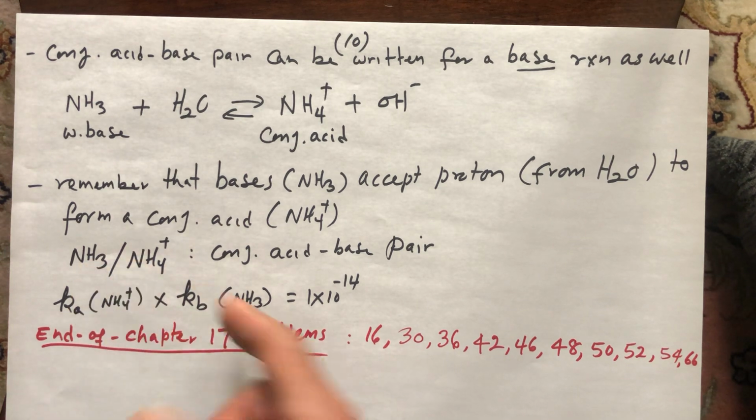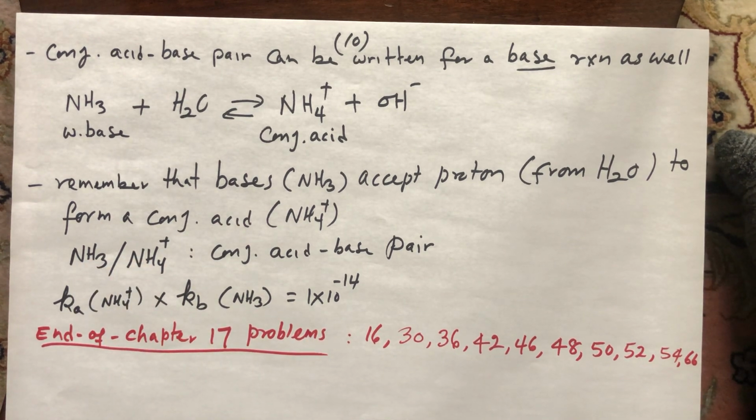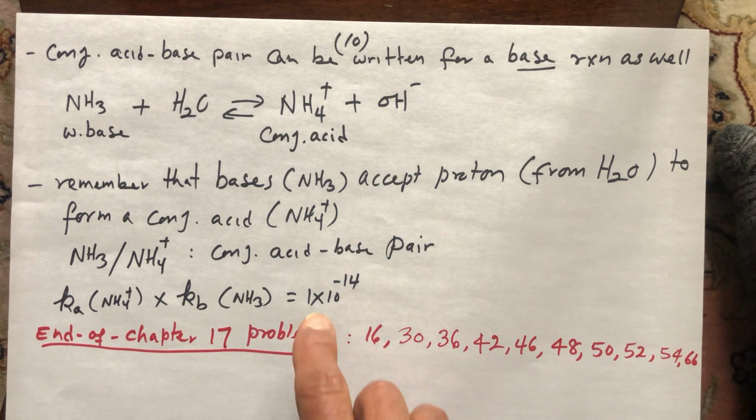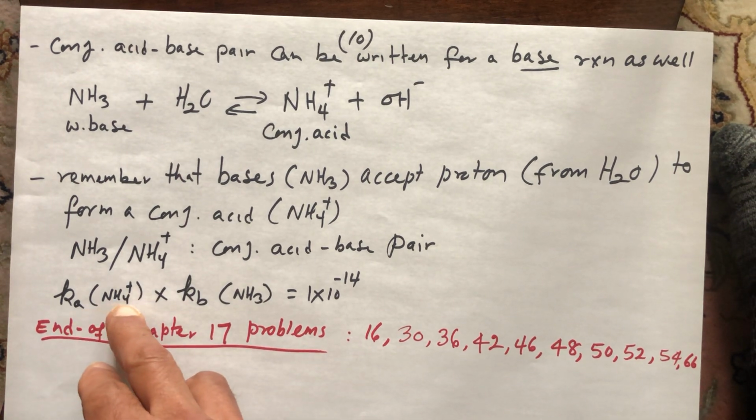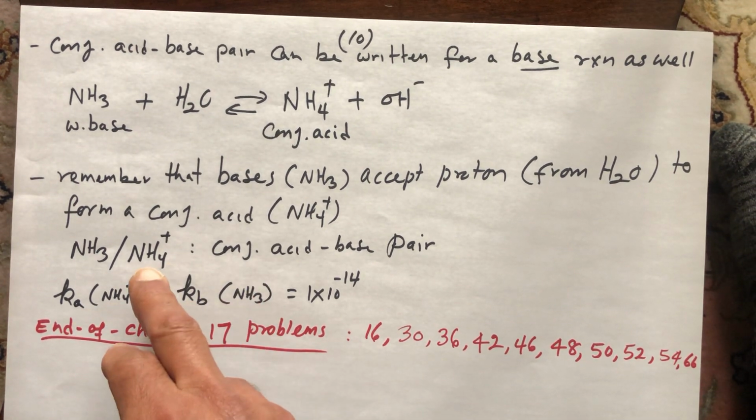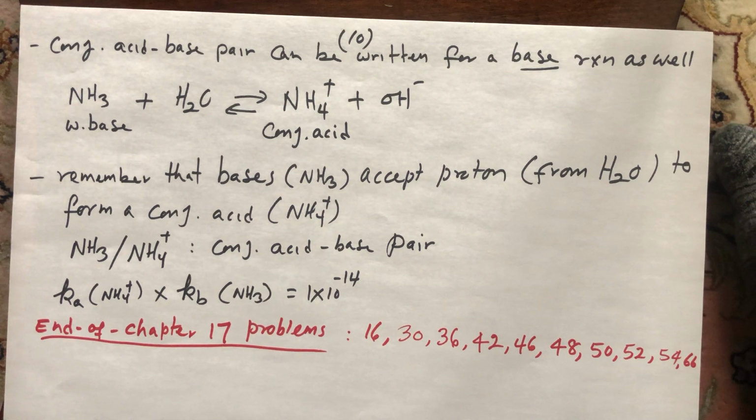It's H plus, because H plus has been added to NH3 to form NH4 plus. Also we can write Ka times Kb equal to 1 times 10 negative 14 one more time for this, but this time the Ka refers to NH4 plus and the Kb refers to NH3, and that is equal to 1 times 10 negative 14.